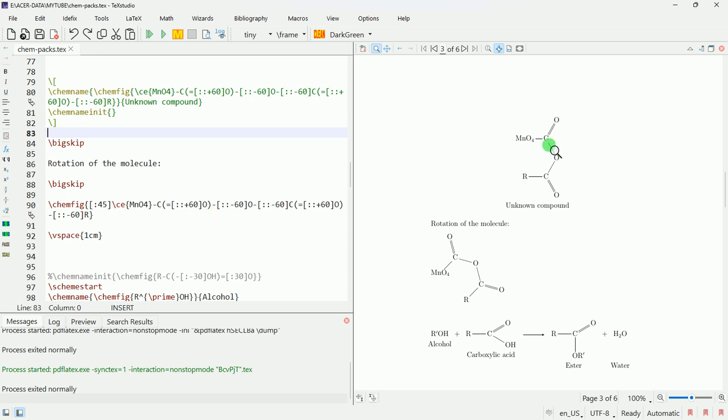So this CO line, this angle is 60 degrees, not to the horizon. This angle is a double bond, this angle is a single bond. Okay.